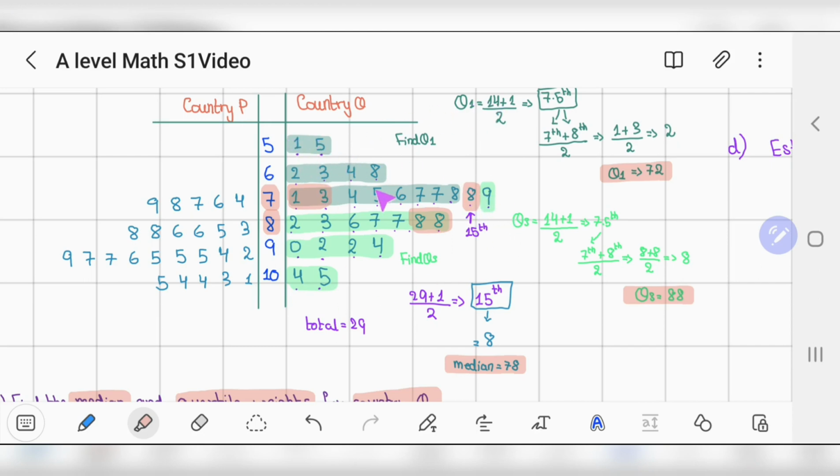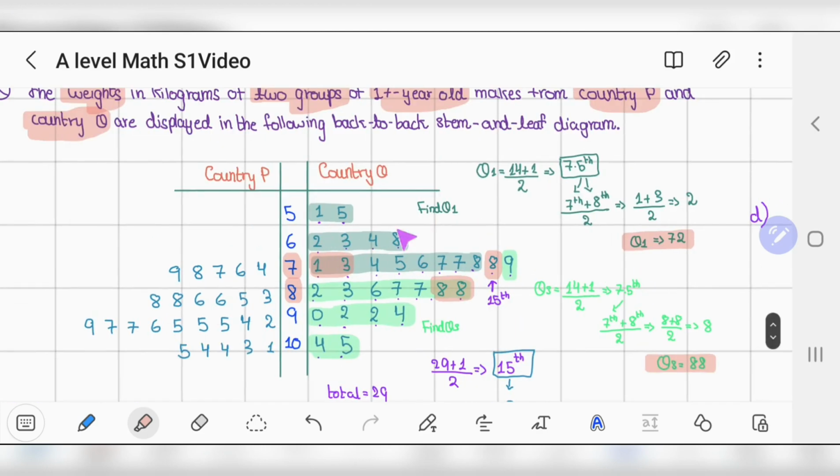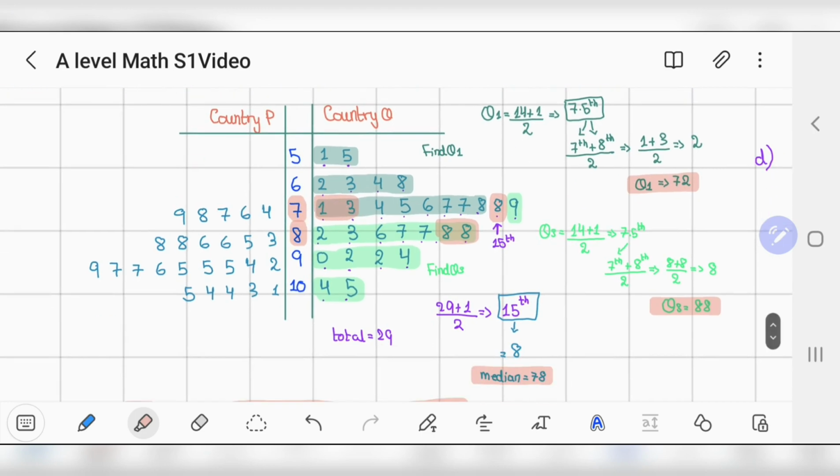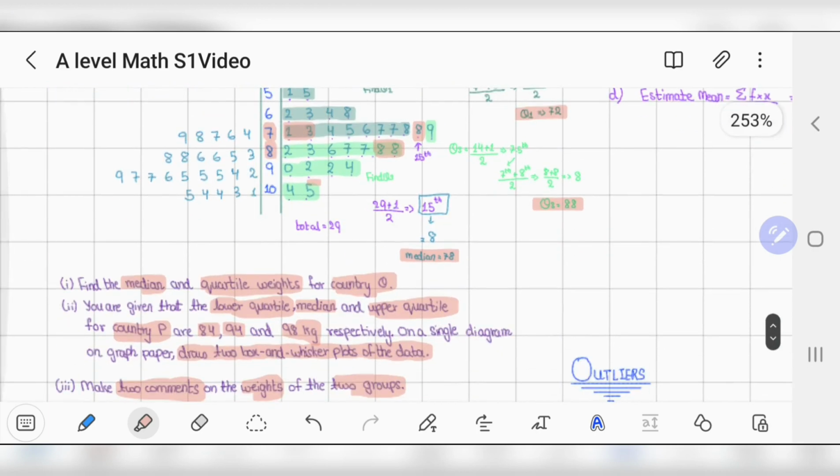From this side, there are 14, so 14 plus 1 upon 2 is 7.5, so 7 plus 8 upon 2. So Q1 is 72. Then we find Q3 from this side with the same process, and we got 88. So this is how you find the median and quartiles.